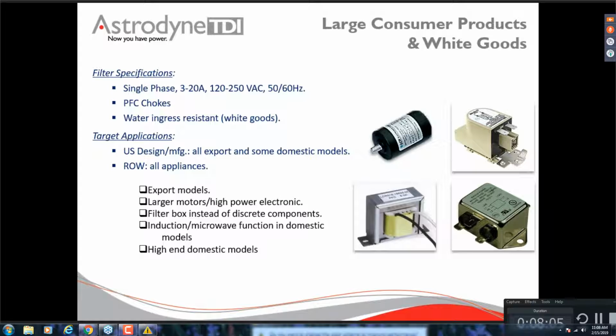And anything that is high-end in terms of domestic model range, or even export models which have induction and microwave functionality incorporated, would almost always need an EMI filter or some form of EMI filter.